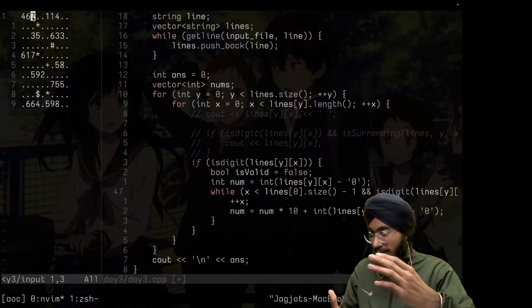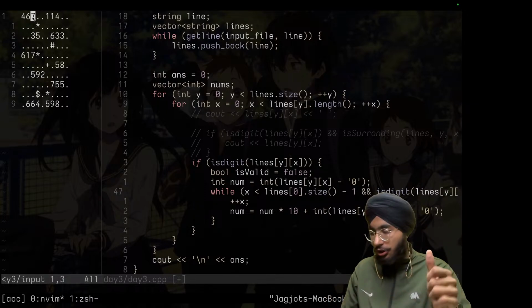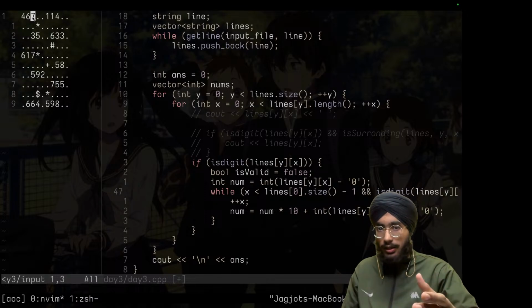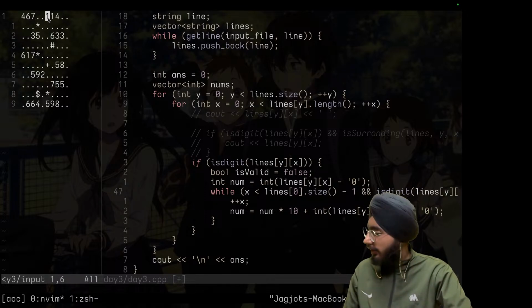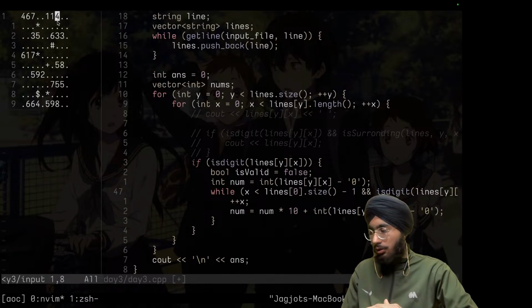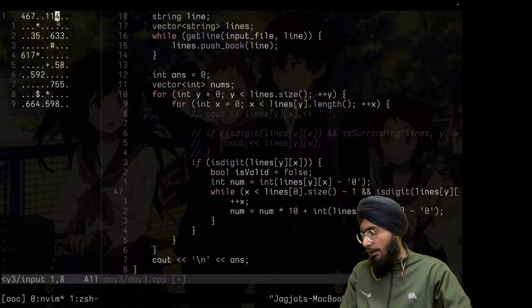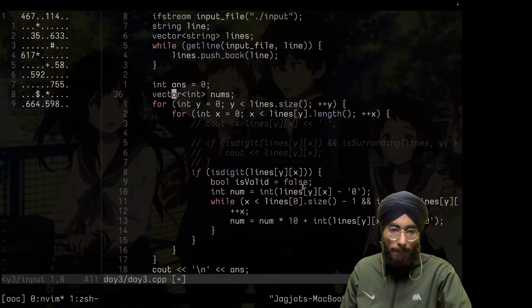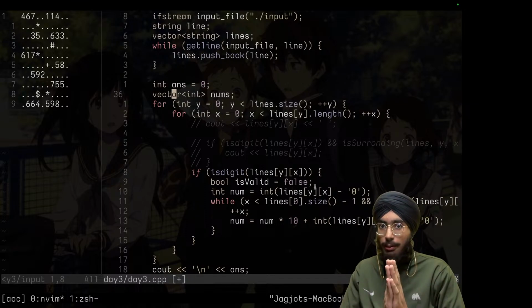And after the loop, if is valid is true, then put the number in nums. Otherwise not. So it is gonna do is valid, nope, is valid, nope, is valid, nope. So is valid is not true. Do not put this into the nums list, right? Nums list or nums vector, whatever you're gonna say. Don't kill me.